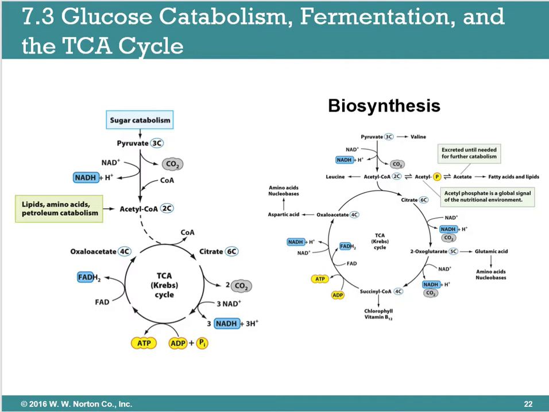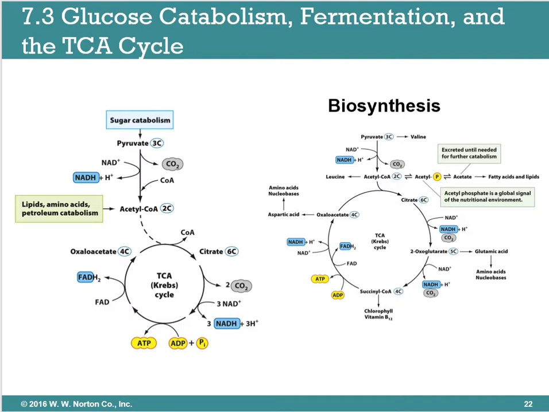What happens ultimately in the TCA cycle is that the acetyl CoA that came from the pyruvate is utilized and further broken down to yield NADH, ATP, and FADH2. That's pretty much it.